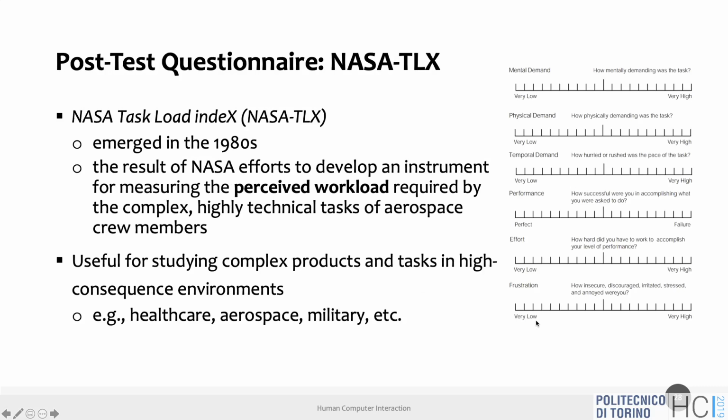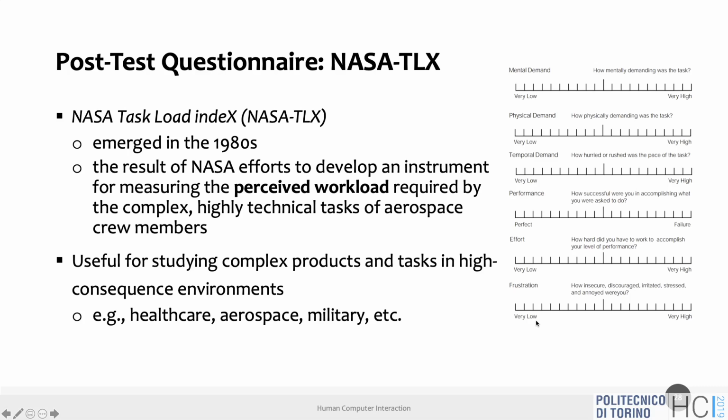Another post-test questionnaire that measures another thing, and it's much more complex to calculate the score, is the NASA Task Load Index that was created by NASA for measuring, again, the perceived workload, not the usability of the system, but the workload that a system, typically a complex system, like those that aerospace crew members experience in their travel, have.